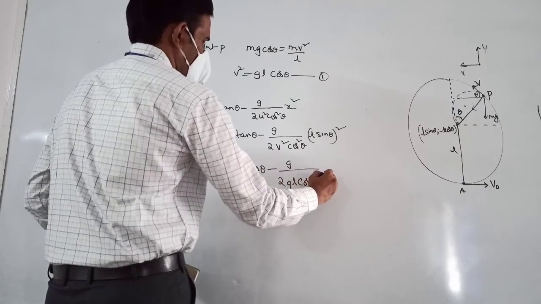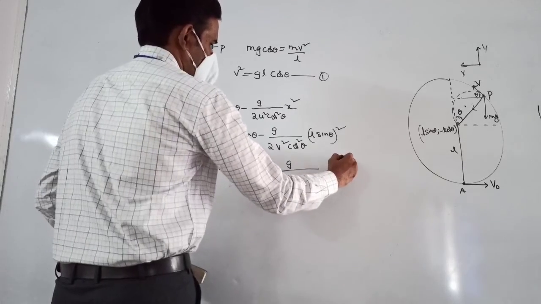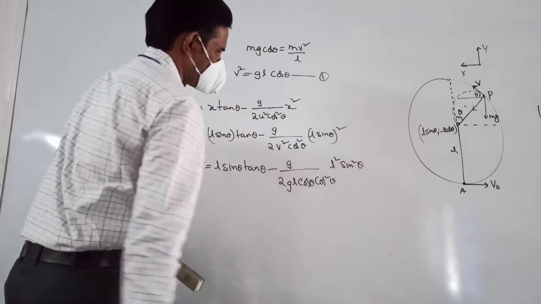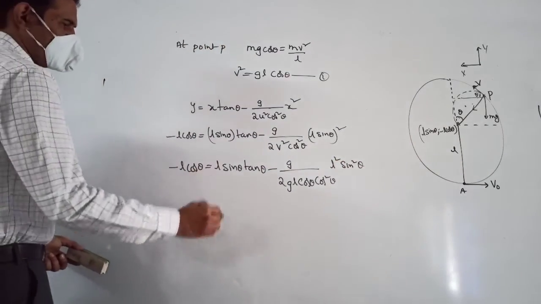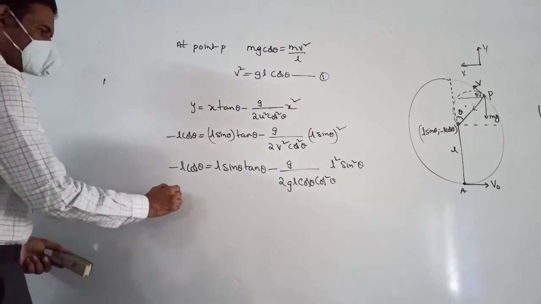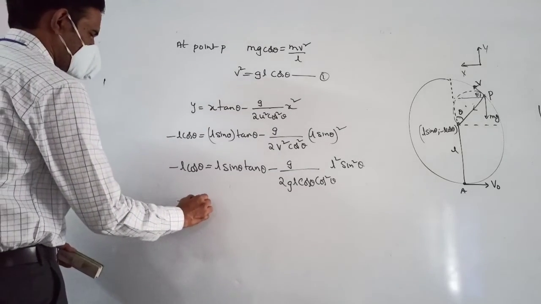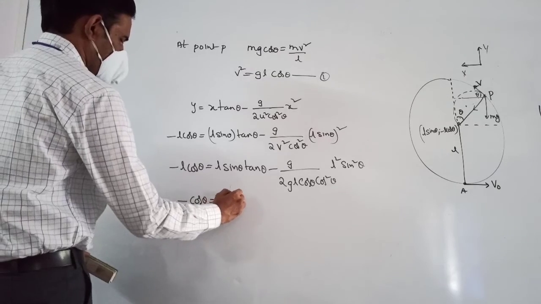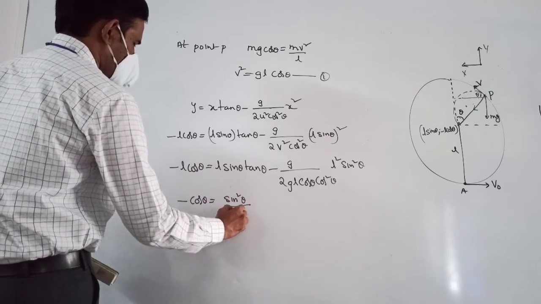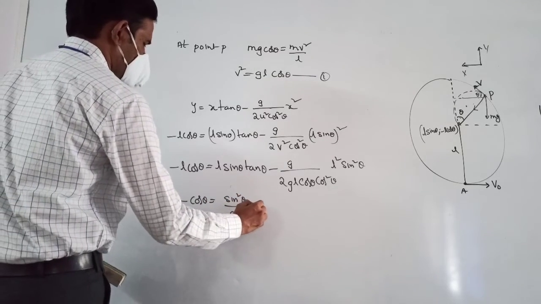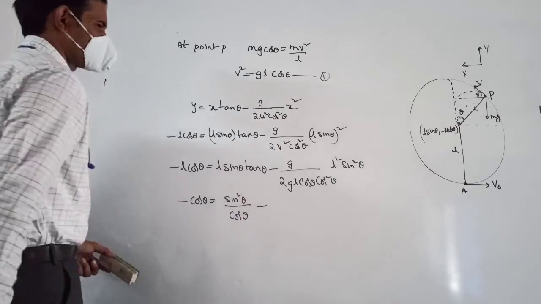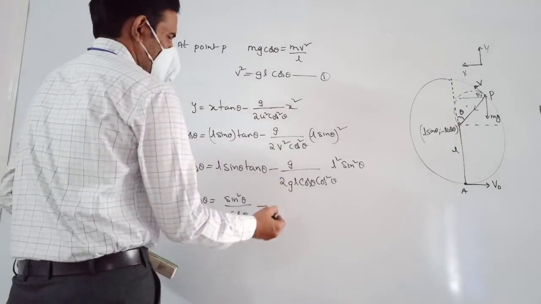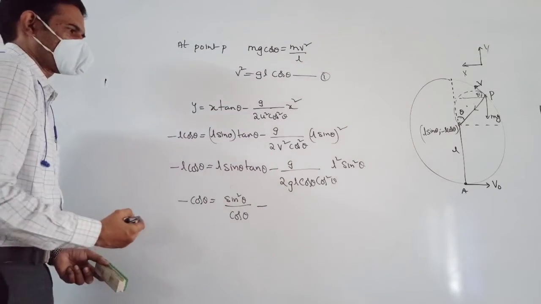Then you can cancel that L term. Minus cos theta is equal to sin square theta by cos square theta cos theta minus, g is also cancelled and L is cancelled, sin square theta by 2 cos cube theta.